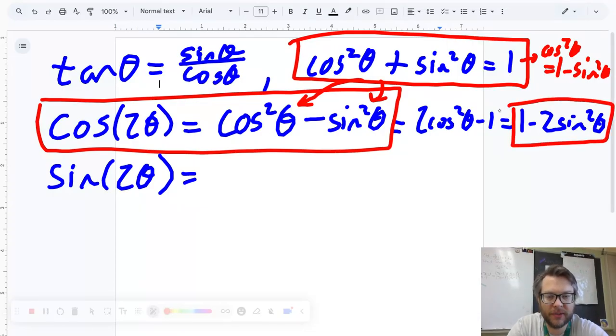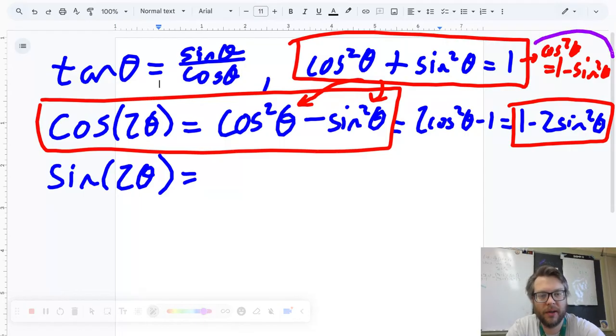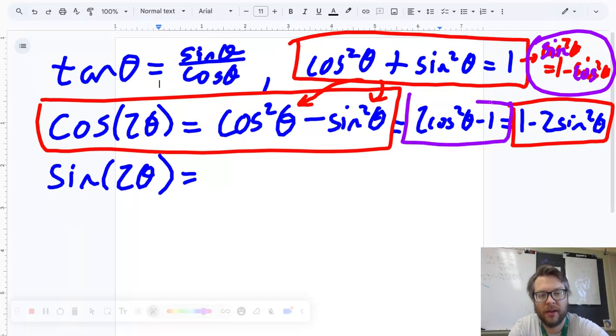I've got 1 minus sine squared minus another sine squared. If instead I solve for sine squared as 1 minus cosine squared, and I substitute that right here, then I get this formula. Okay?